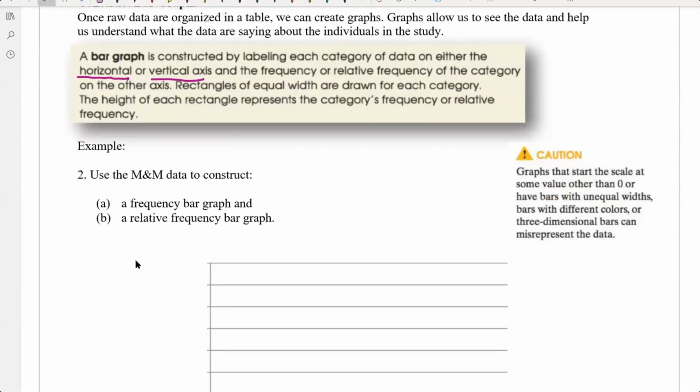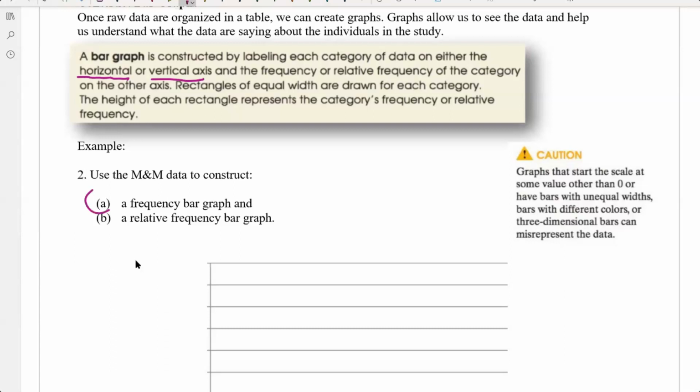And here we have rectangles of equal width drawn for each category. So we have equal width for each one. And the height of each rectangle represents the category's frequency or relative frequency. It depends on which one we're working on.